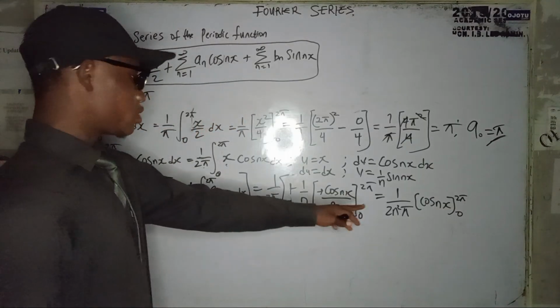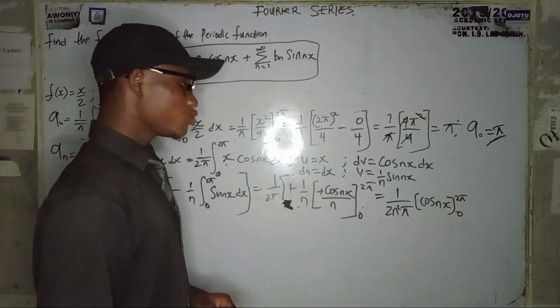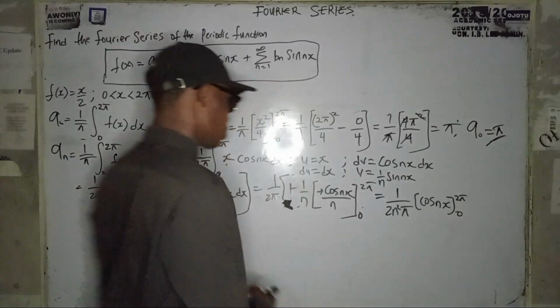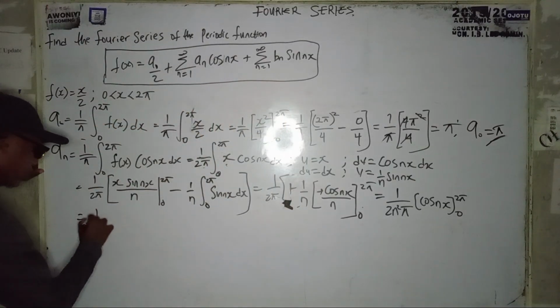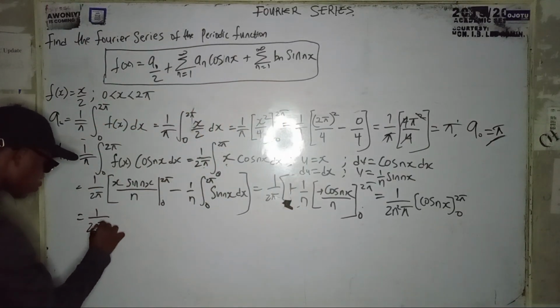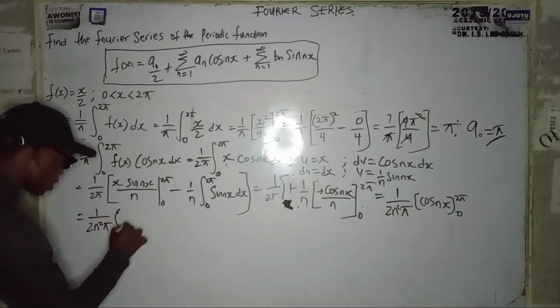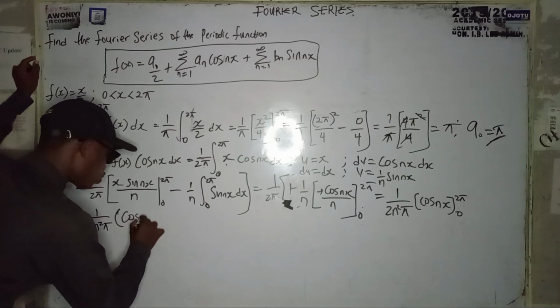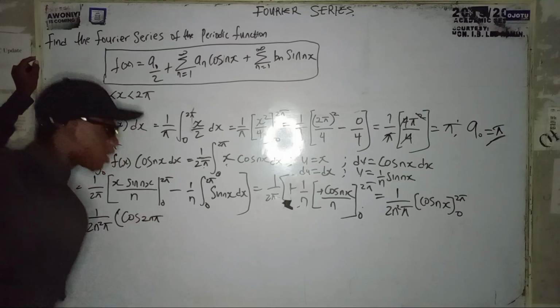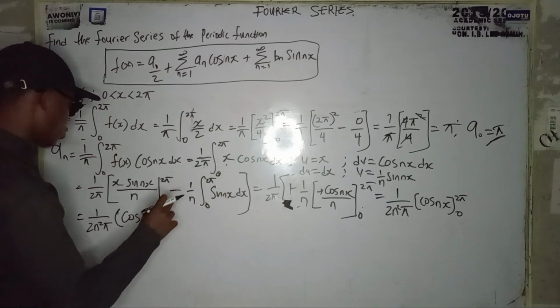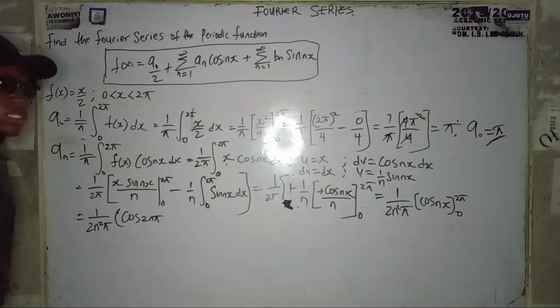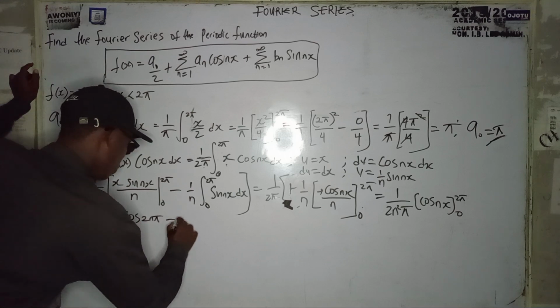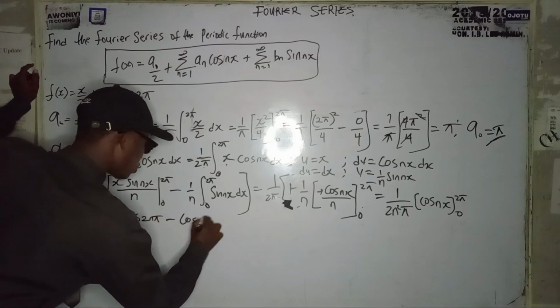So now from 0 to 2 pi, if we input 2 pi into here, it's going to become 1 over 2n squared pi. Then, if we input 2 pi, we have cos 2n pi, because x is equal to 2 pi, and we have minus cos 0.